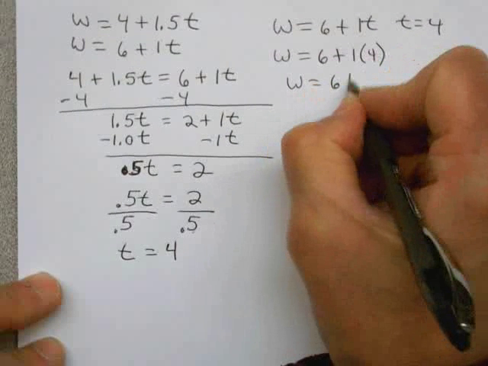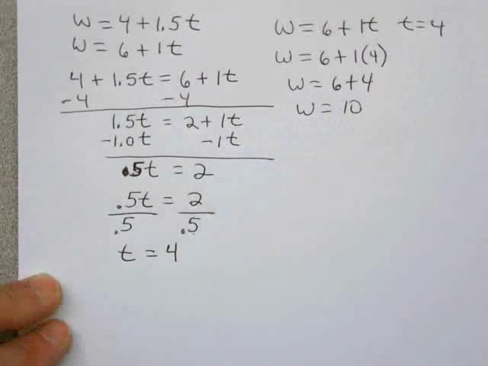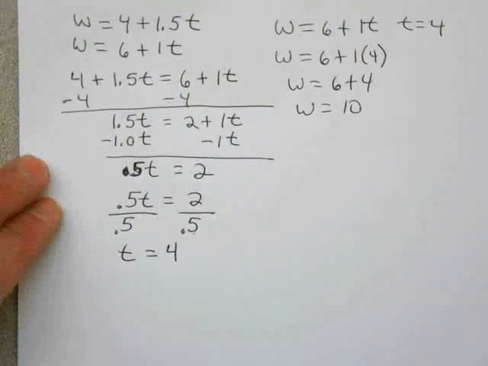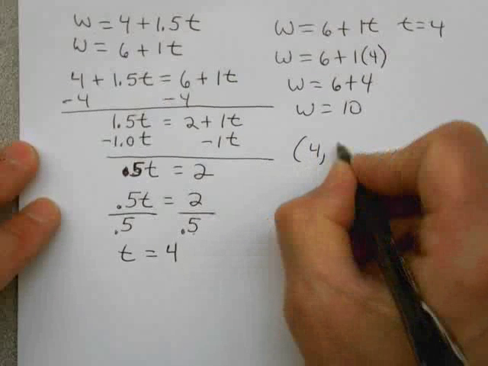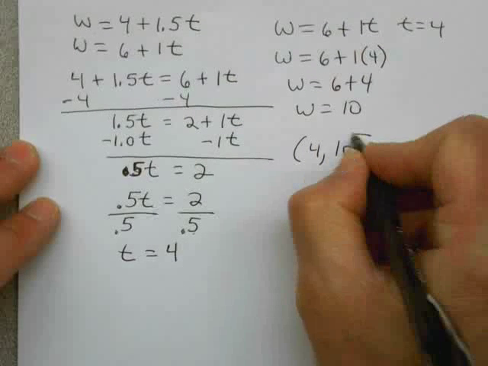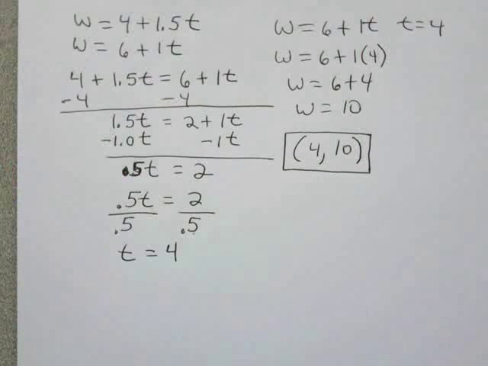W equals 6 plus 4, and W, of course, equals 10. All right, the solution for this system would be 4, 10. And that would be the point in time where the alligators would be the same weight at this point on the graph.